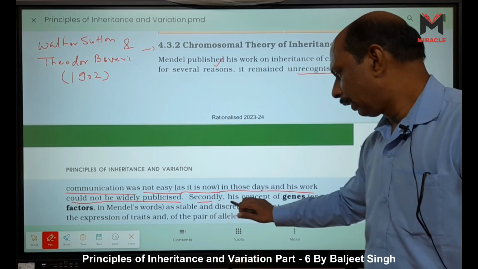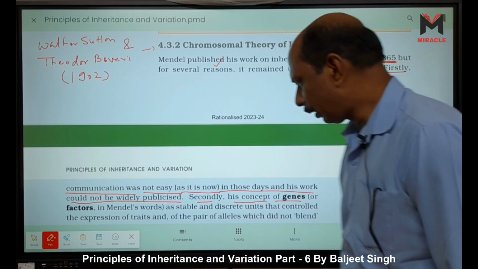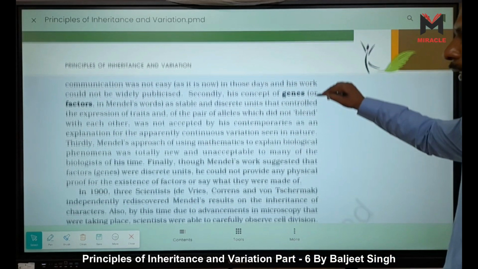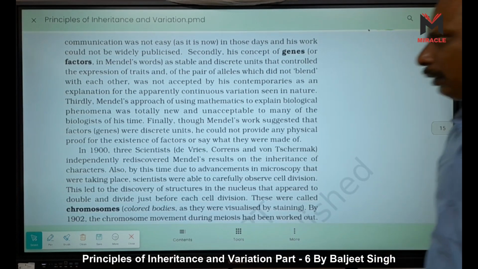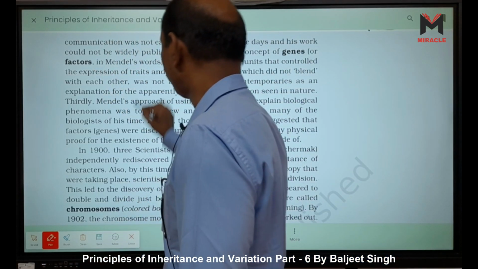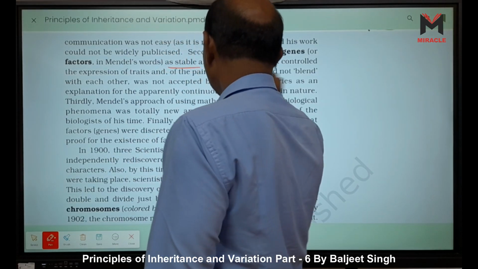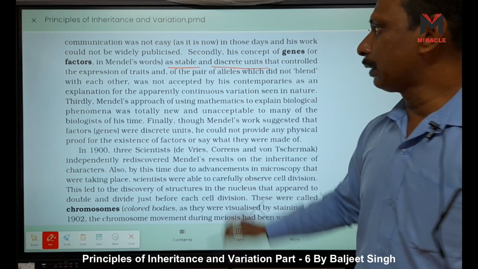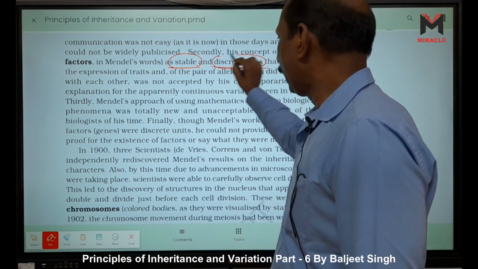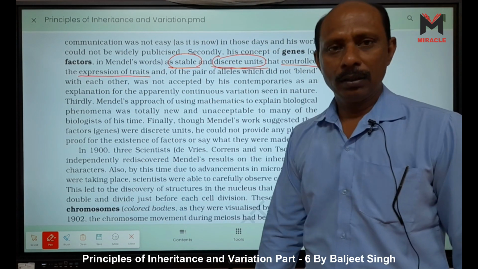Secondly, his concept of the gene. At the time, Mendel called these genes factors, right? According to Mendel, factors are stable and discrete units that controlled the expression of a trait.